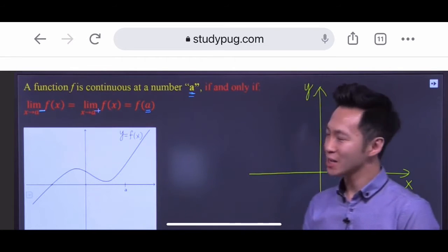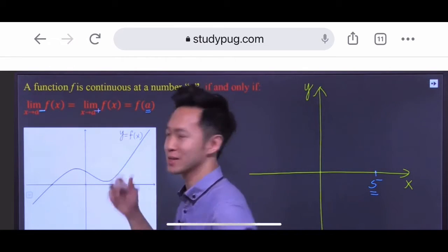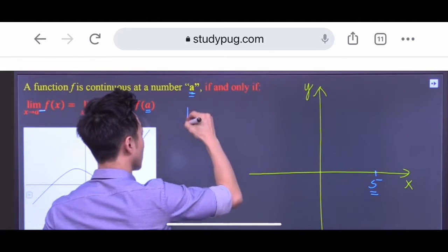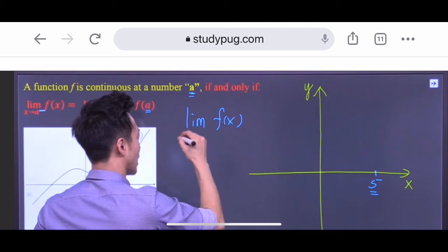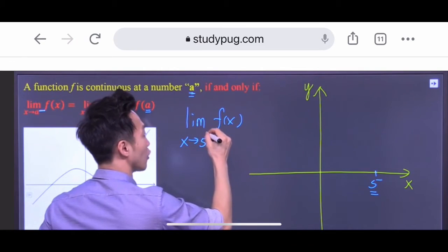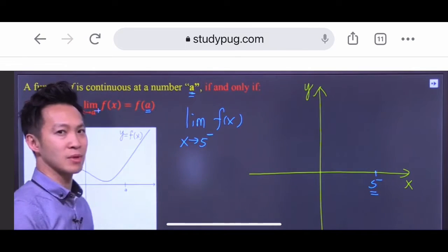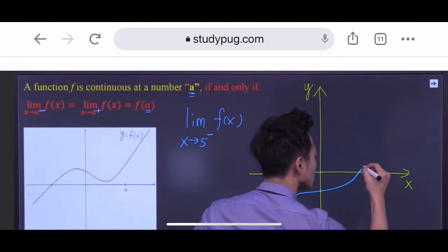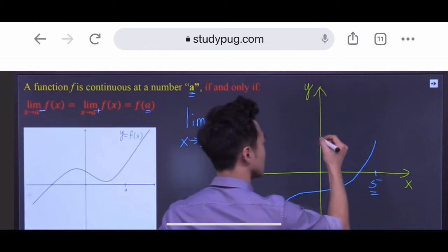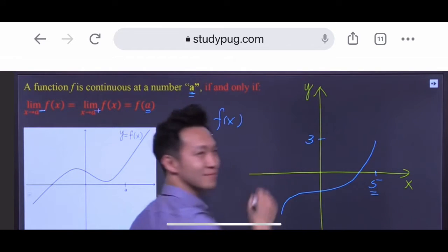Now, let's define continuity in terms of limits. If we take the limit of the function f of x as x approaches 5 from the negative direction, say our function gets closer and closer to the value 3.